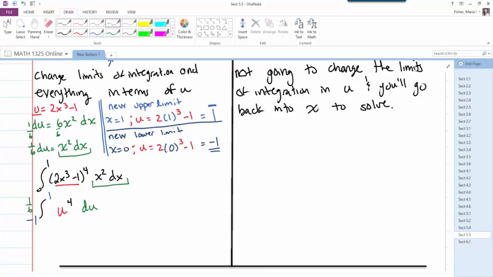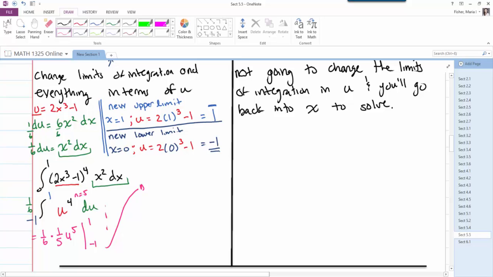my limits of integration. So this is going to equal 1/6, a constant multiplier, it multiplies along. Here my n is equal to 5, so I'm looking at times 1/5 u to the 5th, evaluated from negative 1 to 1. So I get 1/30 u to the 5th, evaluated from negative 1 to 1. Plugging in the upper limit of integration, I get 1/30 times 1 to the 5th, minus, plugging in my lower limit of integration, I get 1/30 times negative 1 to the 5th.